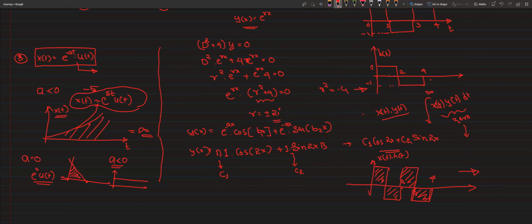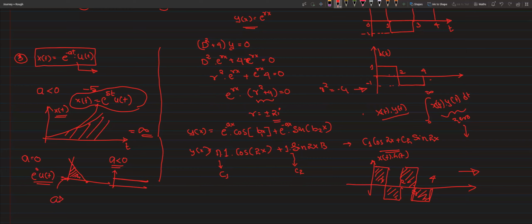This also doesn't exist directly, because if I integrate u of t, it is infinite. But still, the Fourier transform can be found for this using some methods, like making it stable with a convergence factor. So for this we can make it exist.